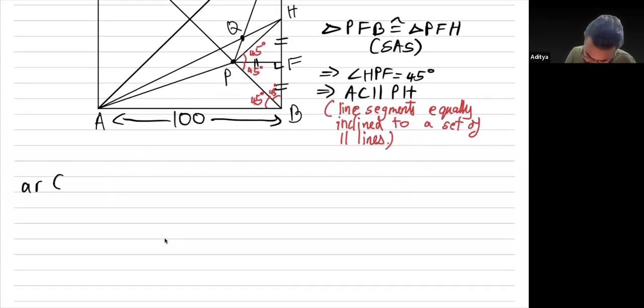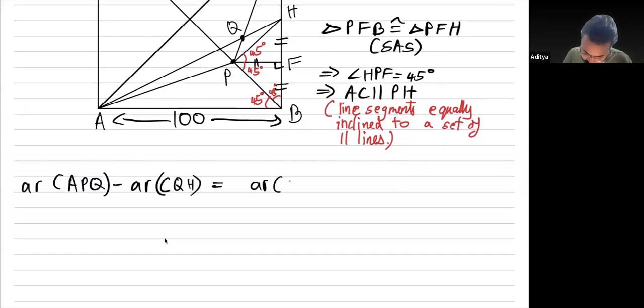Area APQ minus area BCQH is equal to area AHP minus area CPH, because I can add this common region to both of them.